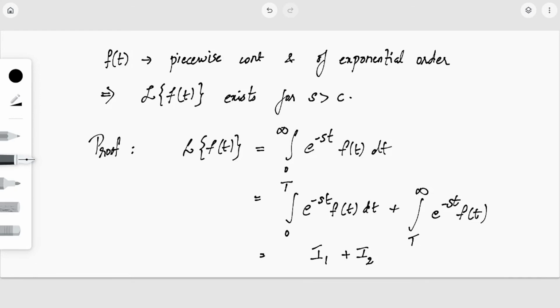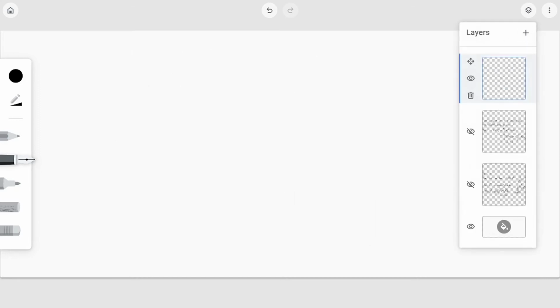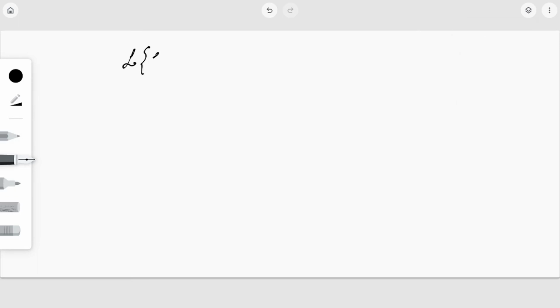We know we are given the provision to do this. So in this, the Laplace transform of f of t is nothing but I1 plus I2. Now I1 is a definite integral, right? It is varying from 0 to t, okay, and the function is piecewise continuous.